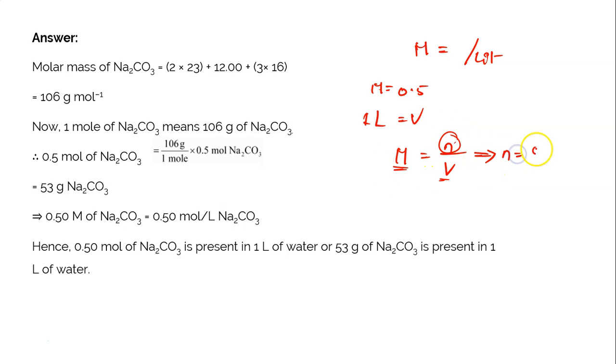So N is equal to molarity, which is 0.5, into 1, where 1 is the volume, 1 liter. So N is equal to 0.5 moles again. So if it is 0.5 moles, the mass of the sodium carbonate is going to be 53 grams itself. So 0.5 moles of sodium carbonate is 53 grams. Similarly, 0.5 molar sodium carbonate solution is also 53 grams.